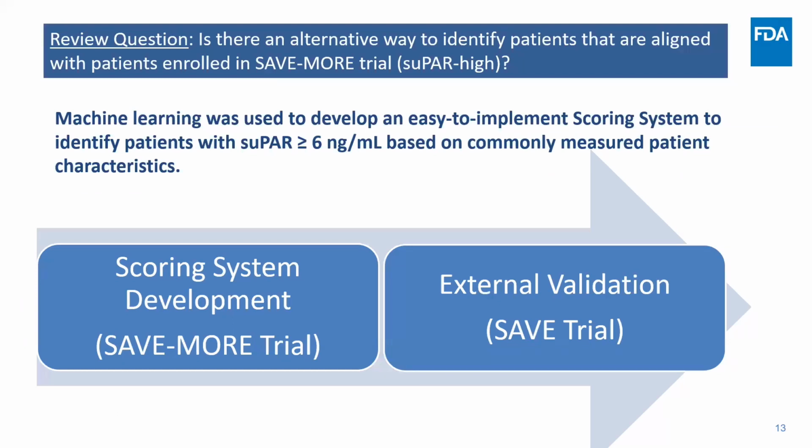Because the ultimate goal is to find an alternative way to identify patients that align with high SUPA, a baseline to baseline question. These two studies both have the SUPA measurement. If you had the outcome, you wouldn't do this kind of analysis, you would just go ahead and use the outcome.